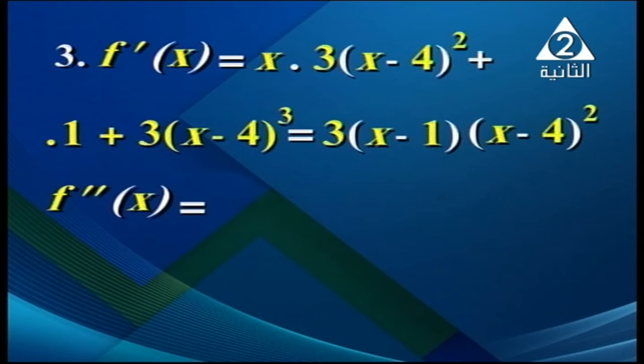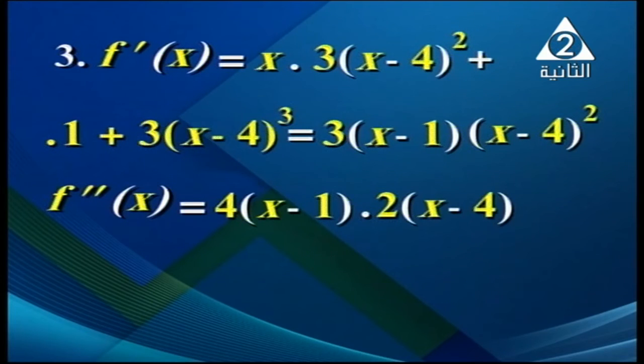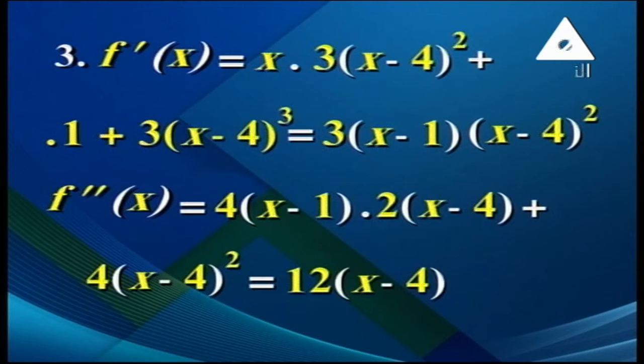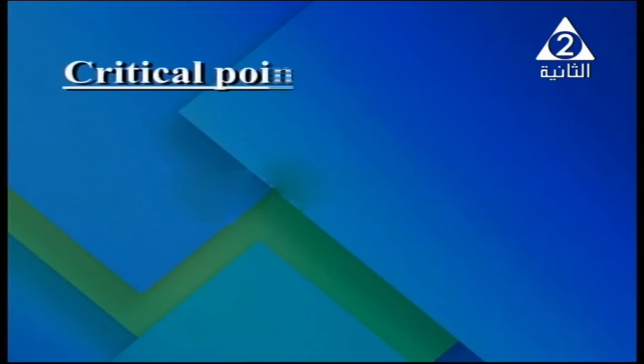Find f double dash: 4 multiplied by (x minus 1) multiplied by 2 multiplied by (x minus 4) inside the bracket, plus 4 multiplied by (x minus 4) to the power 2. The answer is 12 multiplied by (x minus 4) multiplied by (x minus 2).